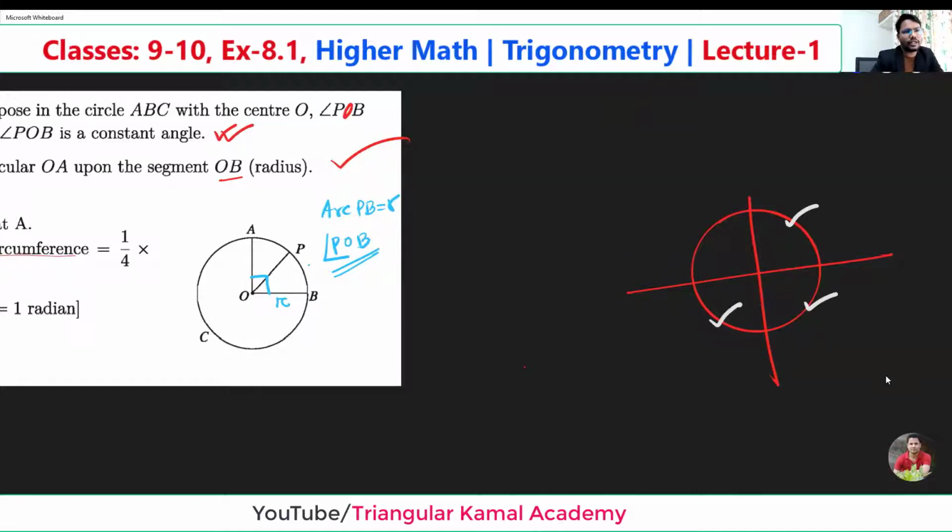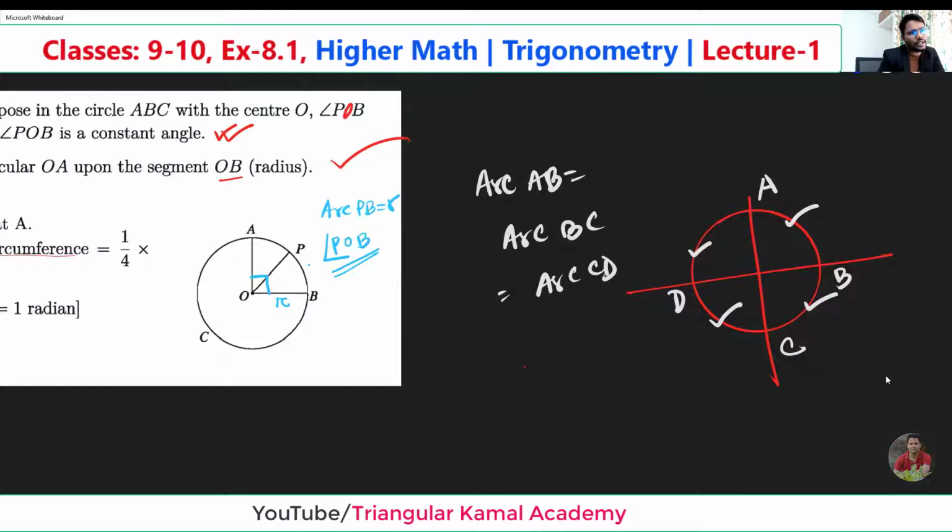These points are A, B, C, D. So arc AB is equal to arc BC, equal to arc CD, equal to arc DA.